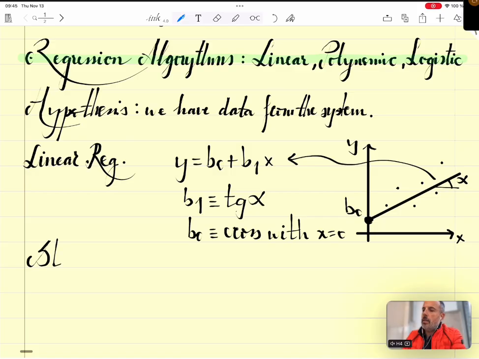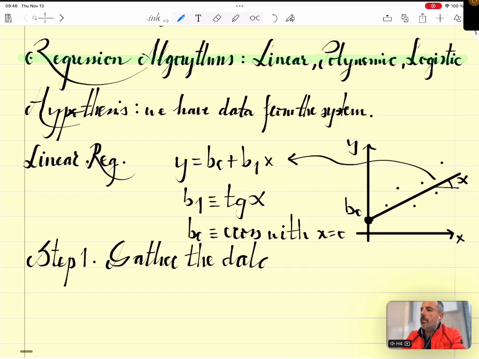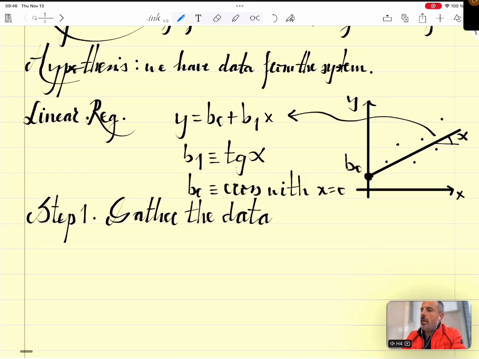Step 1, we gather the data, okay. So we have x and y, and then imagine these are just 2 KPIs.